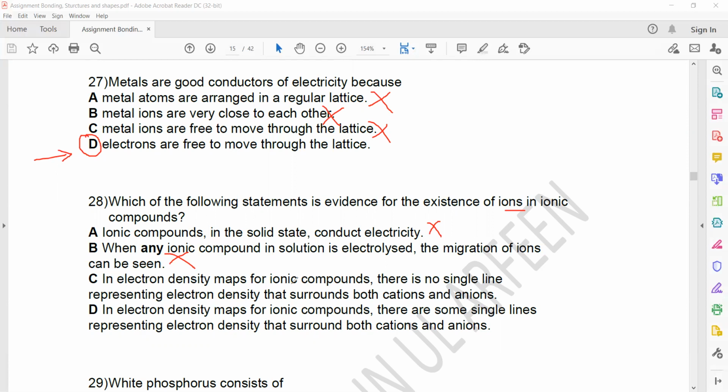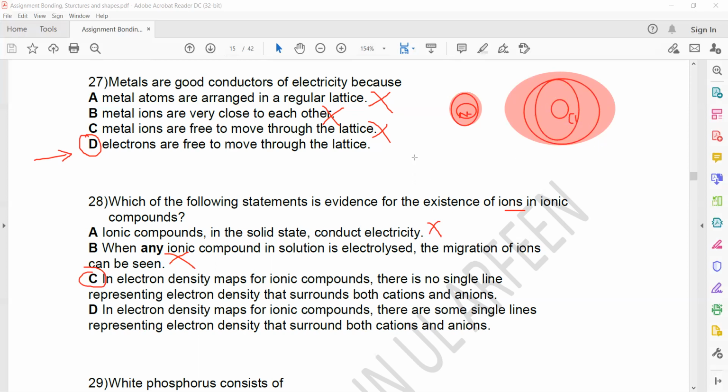In an electron density map of an ionic compound, there is no single line representing the electron density of both cation and anion. So that's right, because when we use an electron density map, we use separate lines to show the electron density. If I say sodium chloride, the lines of the sodium ion and the lines of the chloride ion will be separated from each other.